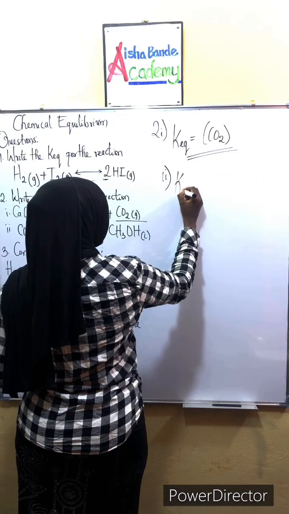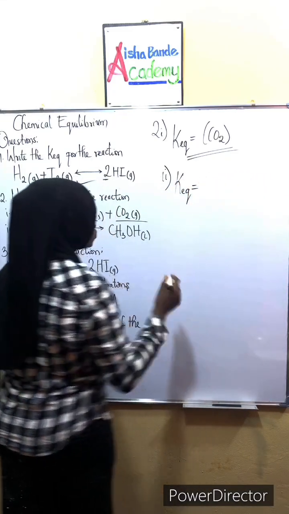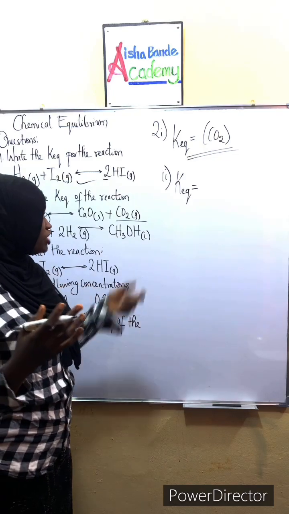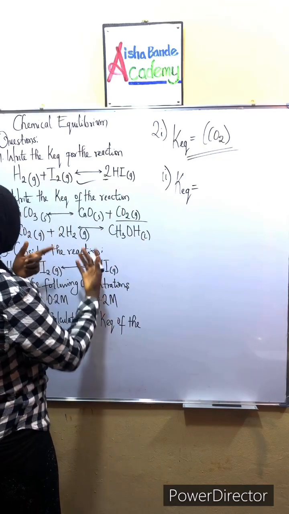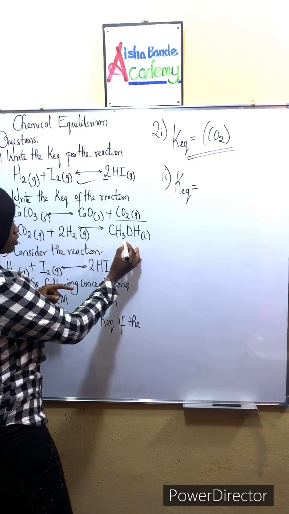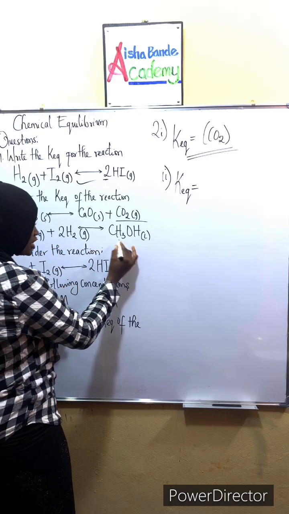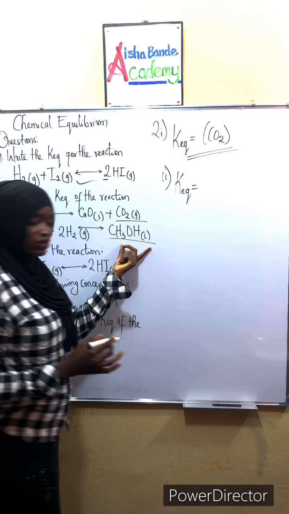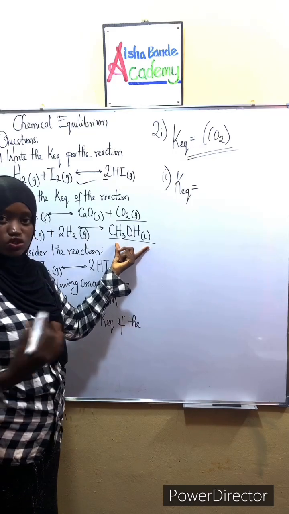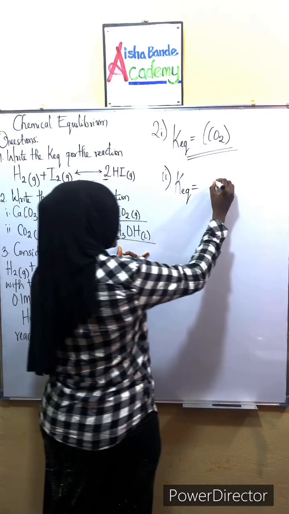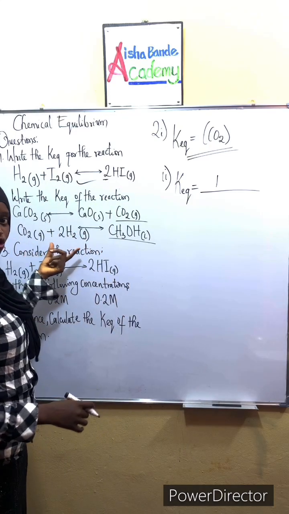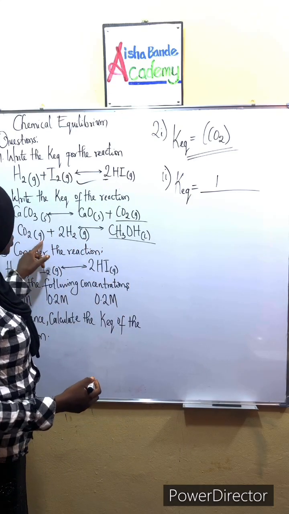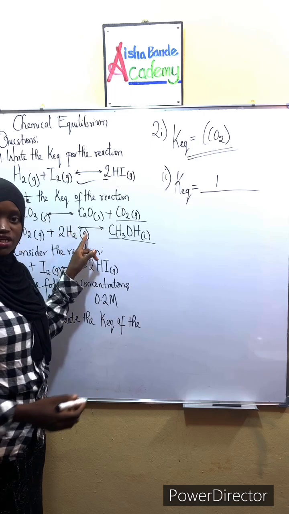So it's going to be KEQ is equal to, remember the relation for writing the chemical equilibrium is the product over the reactant. So looking at this now, the product exists in liquid state, so we are not going to take the product into consideration. So this is just like saying 1 all over, going to the reactant, we have CO2 in gaseous state and 2H2 also in gaseous state.